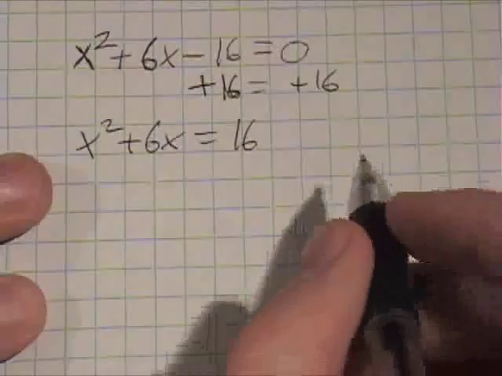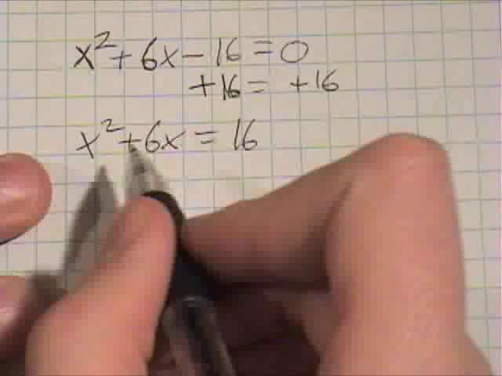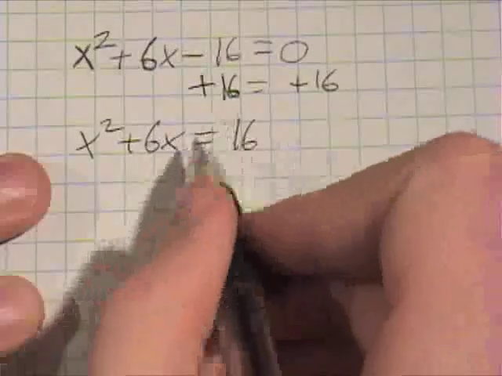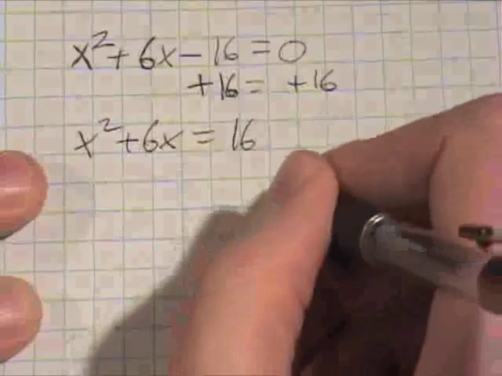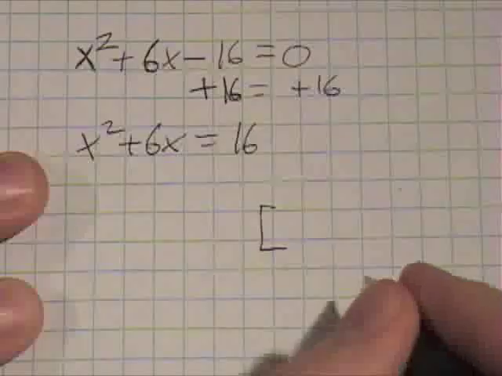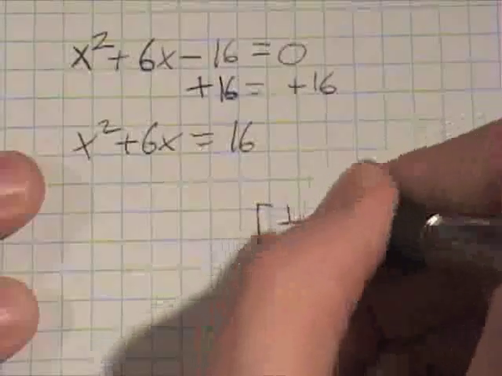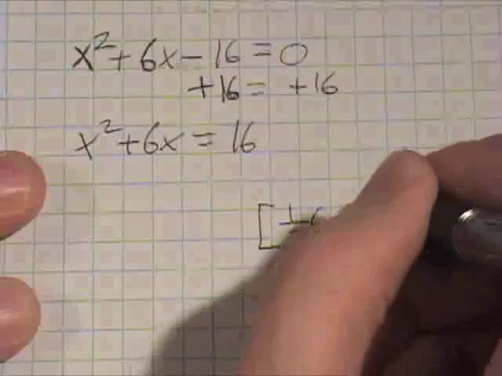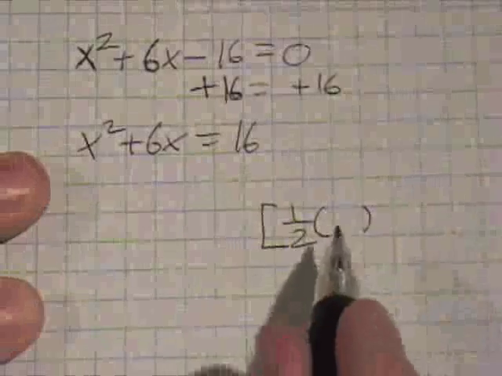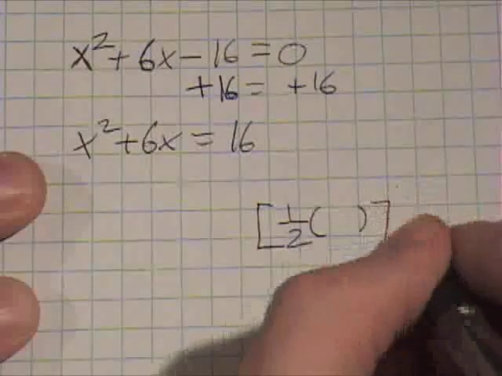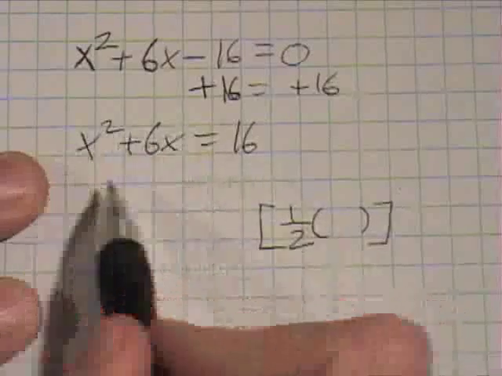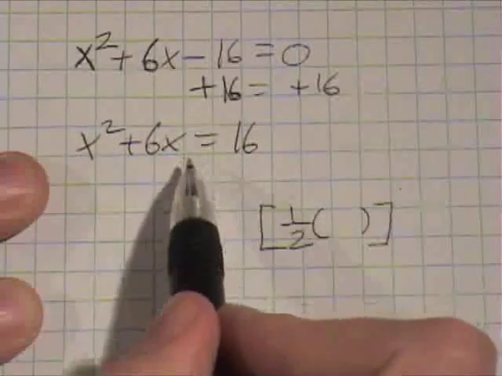We're going to say this is the first term, this is the second term, and the third term here we will add on. So you have brackets, you put 1/2 and then parentheses. We're going to put something in here to multiply to see what that third term of this trinomial is. That's what we're going to add on.